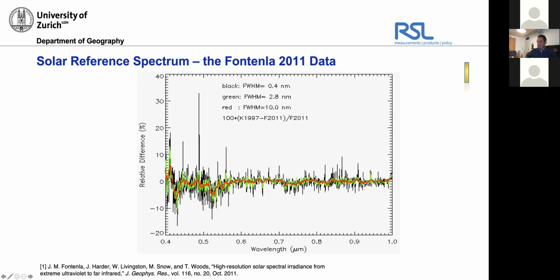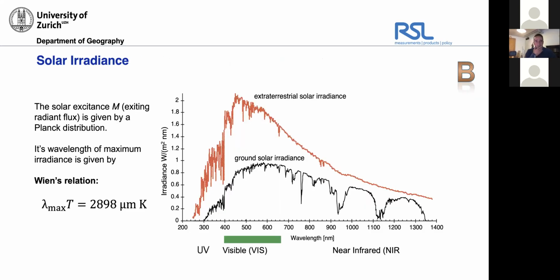So when you start modeling the spectroscopy, you have to be aware that you easily get more significant errors, specifically below 0.5 microns. If you see a problem at 0.43, for instance, it may be the solar spectrum and not the atmosphere.